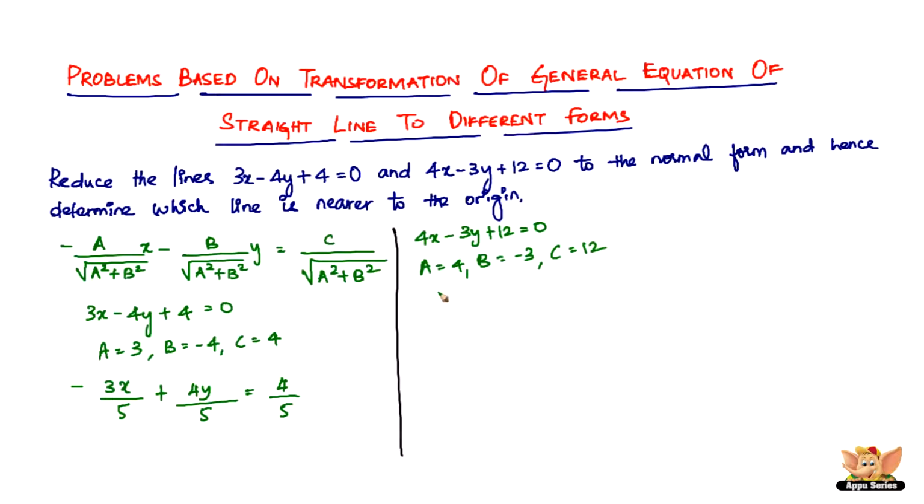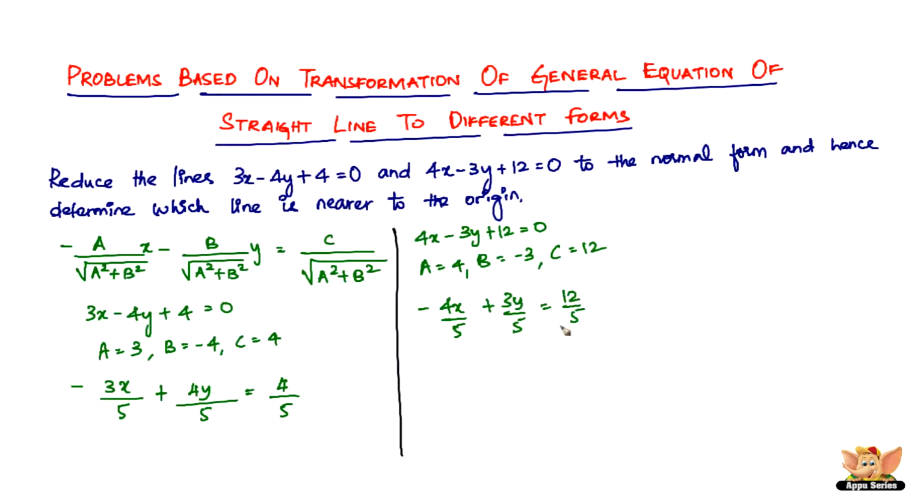So substituting the same values in this equation, we get minus 4x divided by 5. And b is negative 3, so negative of negative is positive. So plus 3y divided by 5 again equal to 12 divided by 5.